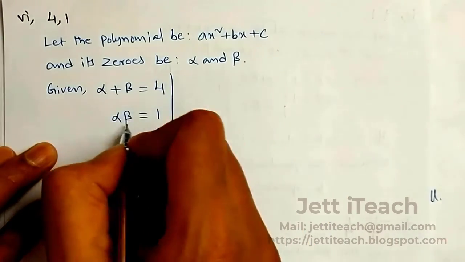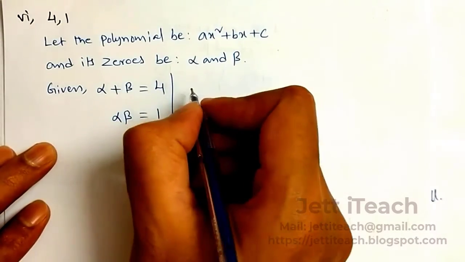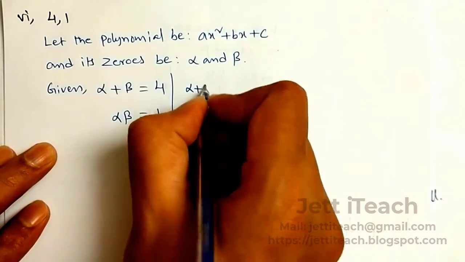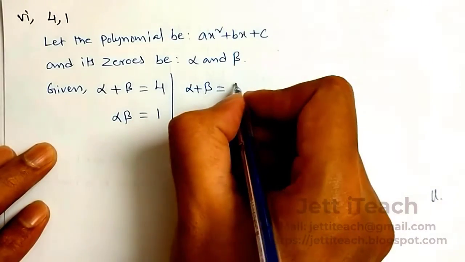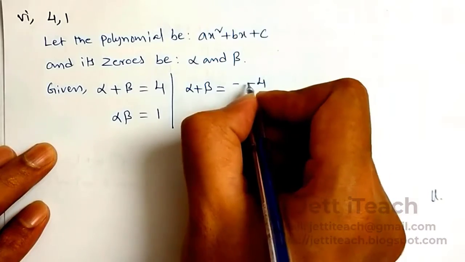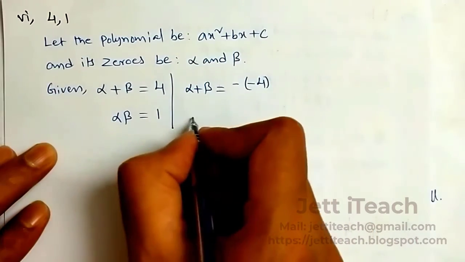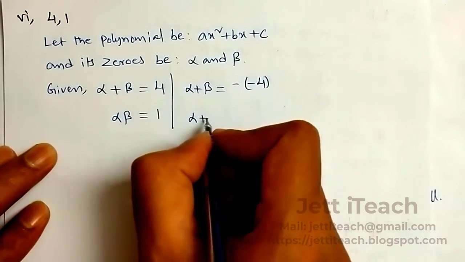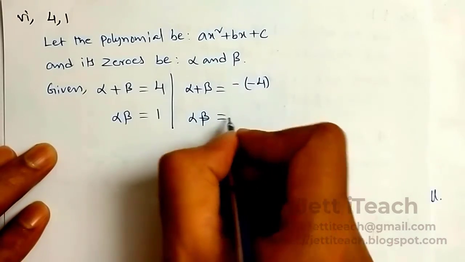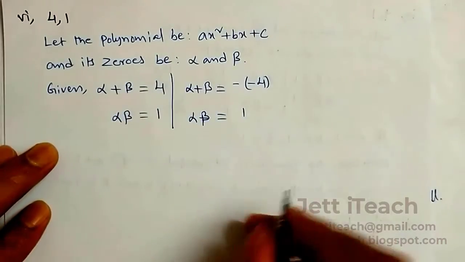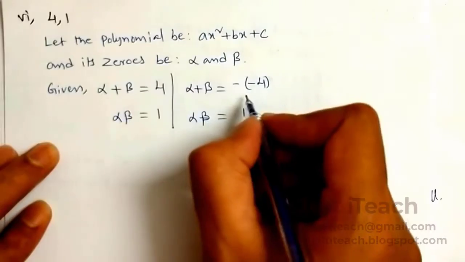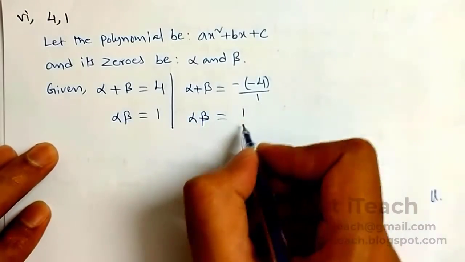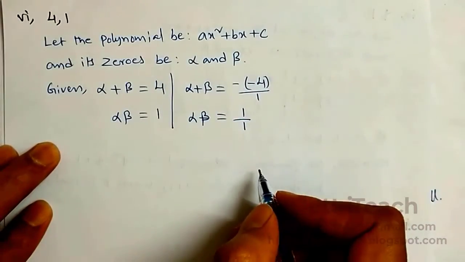From this what can we write? Alpha plus beta equal to minus of minus 4, alpha into beta equal to 1. I want the denominator as well, so since there is no denominator, I am writing divide by 1.